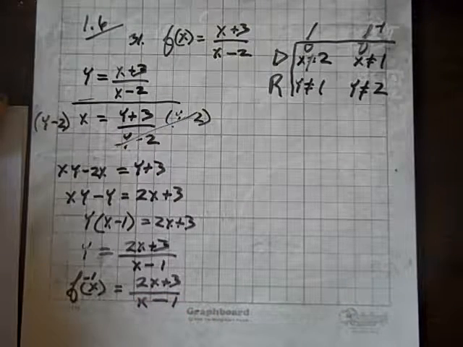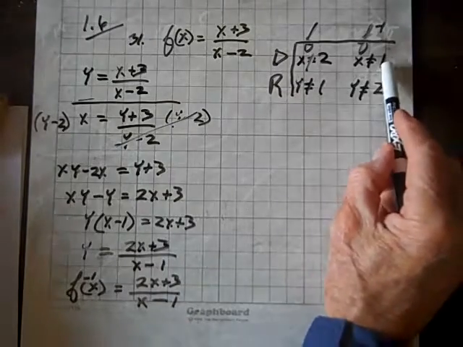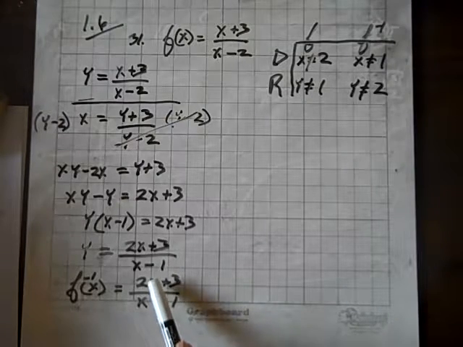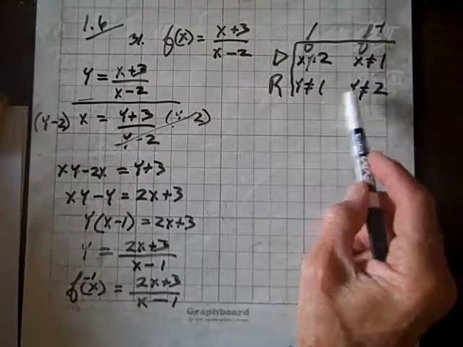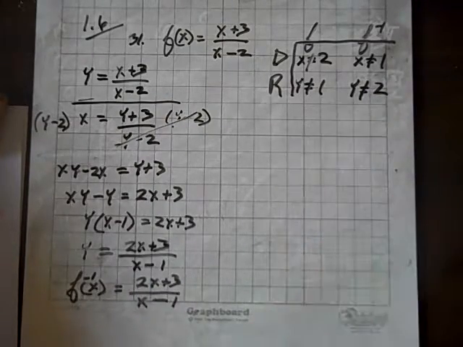And notice the domain of this is all reals but 1. That's what we have here. And the horizontal asymptote is going to be the quotient of 2x over x, which is 2, and so the range is all reals but 2, and that's what we have here. Good.